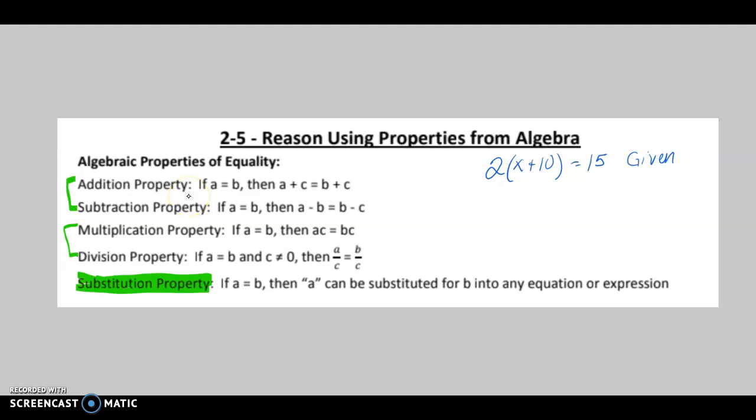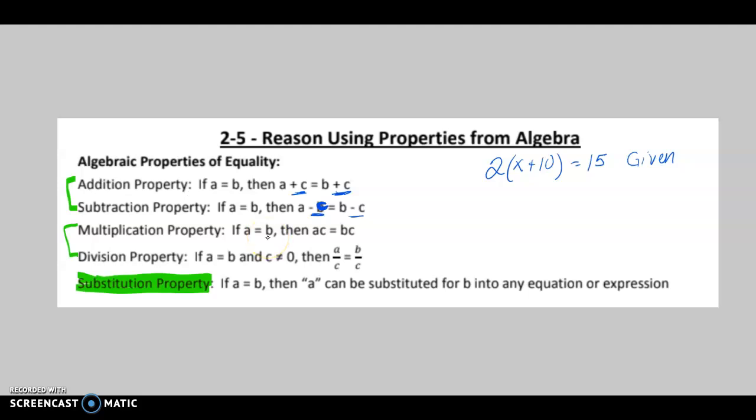So here, the addition property just says you can add a value on both sides of an equation. If you're given an equation, then this is valid because what you do on one side of the equation, you do on the other. Same thing, you can subtract for the subtraction property. You can subtract the same quantity on both sides of the equation, and that's called the subtraction property of equality.